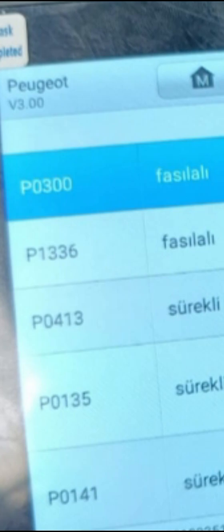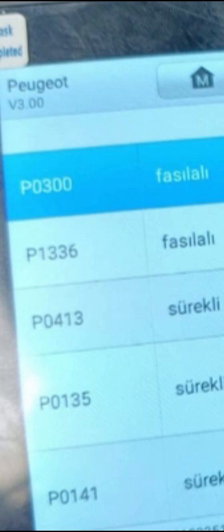You could also check the catalytic converter using a thermometer. There is a procedure. You start the vehicle, let it run and become very hot. Then you hold the throttle at about 2500 RPM. Then you point the thermometer at the input and the output. So that's how you know.